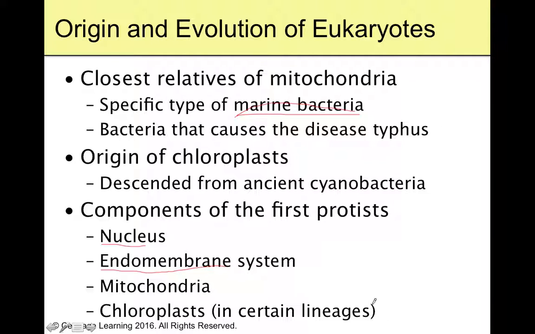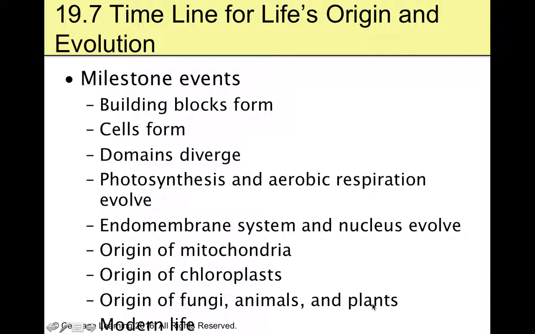So it takes quite a number of very happy mistakes, in the correct order, with enough time, and maybe we could get a cell. So that's the idea. Here are some milestones, the big events from not life to life. Forming those building blocks, getting those first amino acids, that's a big deal.